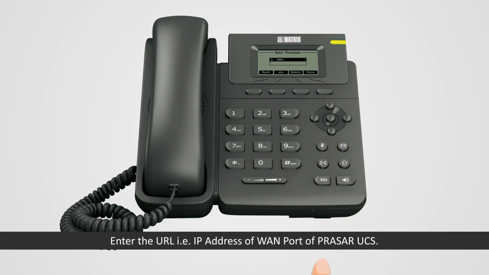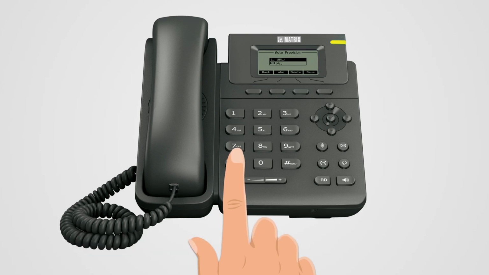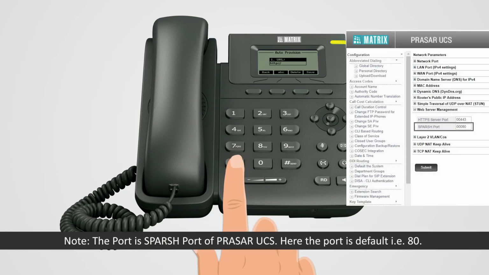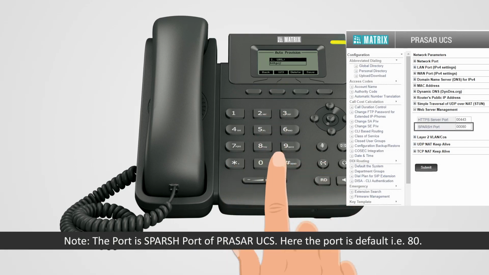Enter the URL, that is IP address of WAN port of PRASAR UCS. The address will be entered as http:// IP address of WAN port of PRASAR UCS : port. Note: the port is SPARSH port of PRASAR UCS. Here, the port is default, that is 80.